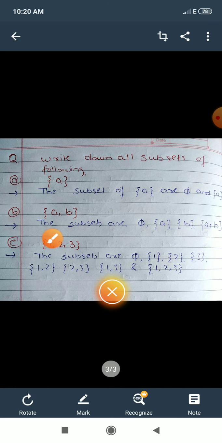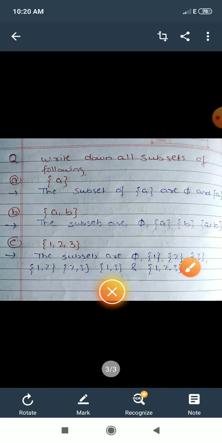Next is set 1, 2, 3. The subsets of the set 1, 2, 3 are phi, set 1, set 2, set 3, set 1, 2, set 2, 3, set 1, 3 and set 1, 2, 3.